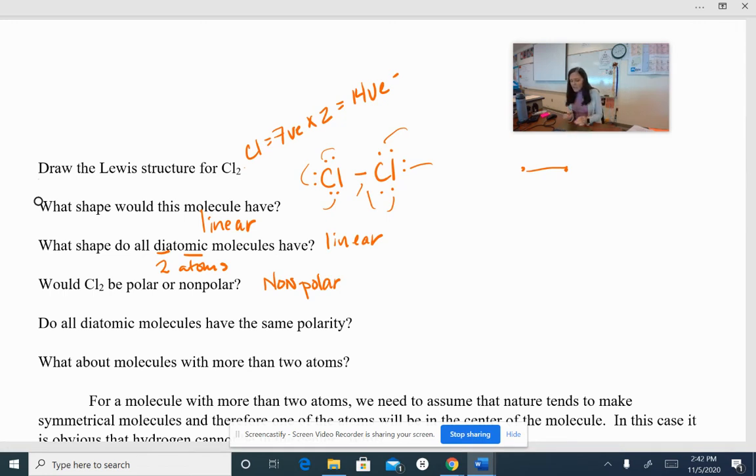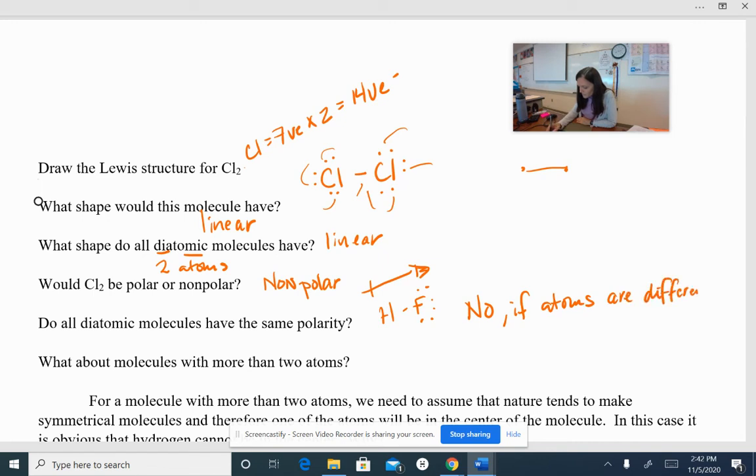Do all diatomic molecules have the same polarity? Let me remind you of hydrogen fluoride. Did it have the same polarity? No. Fluorine was much stronger. So if the atoms are different from each other, we can have polar.